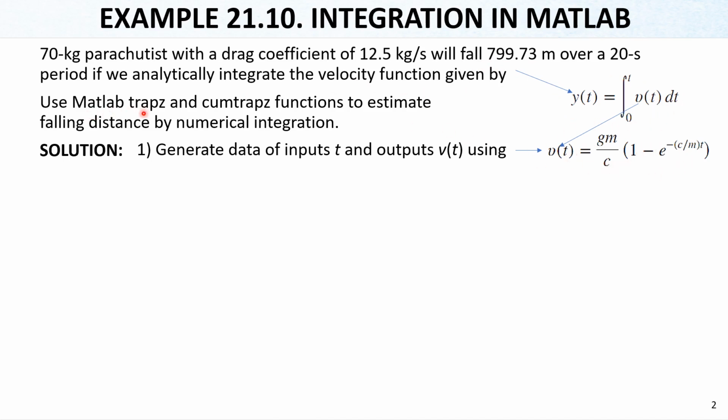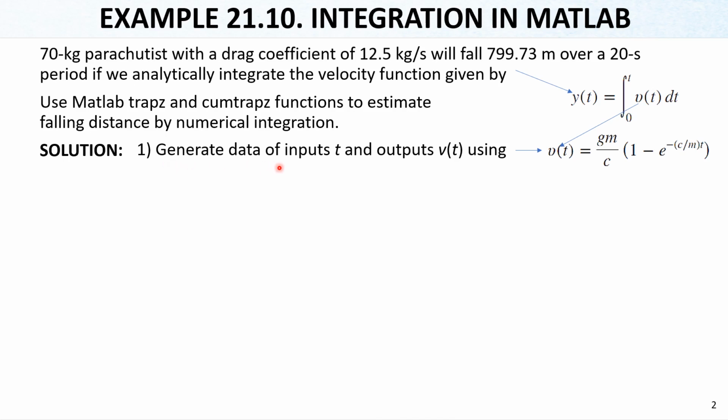We want to use the MATLAB trapezoidal rule. Instead of taking the integration of this, just use the trapz function and the cumtrapz function to estimate the falling distance by numerical integration. With trapz, we will get the entire position, or the distance fallen, and with cumtrapz, at each second, we will get the results. At each time change, we will get the integration results, or the distances.